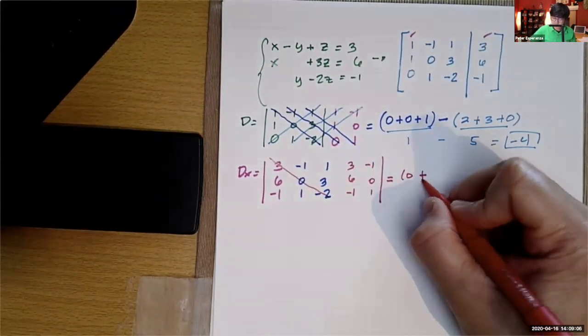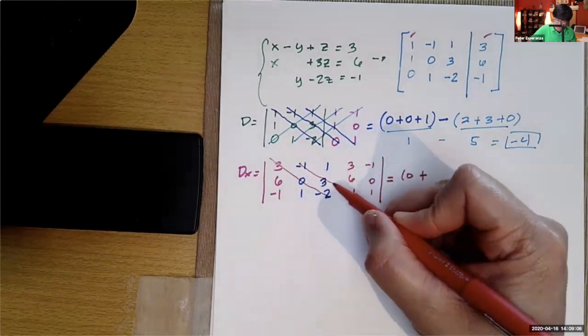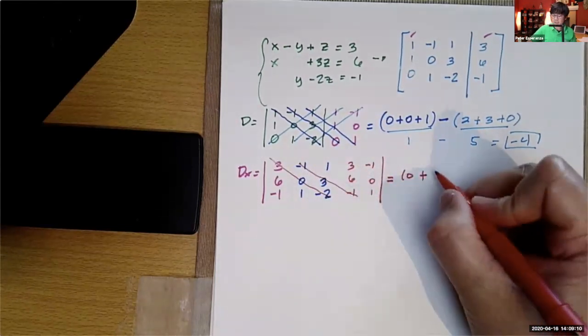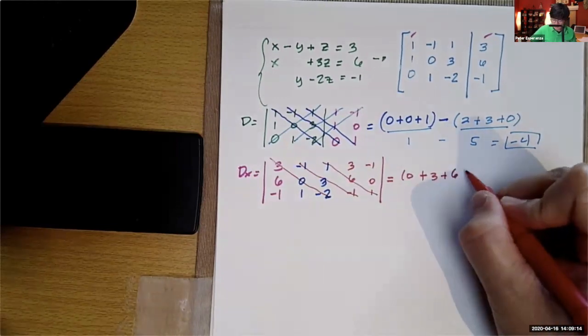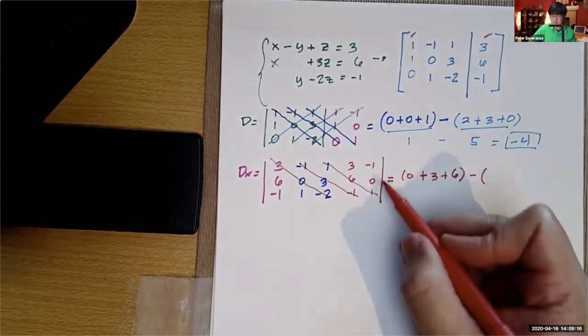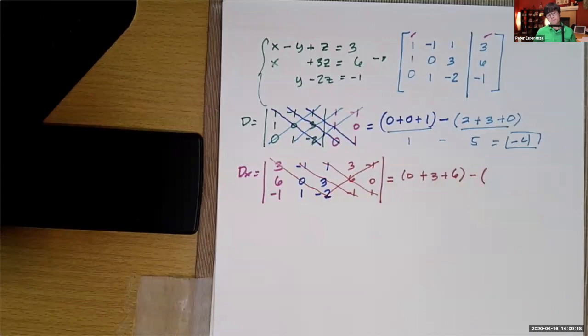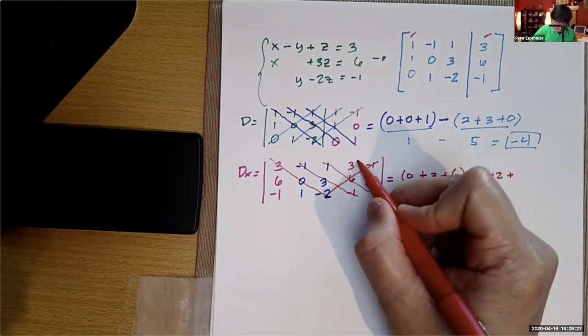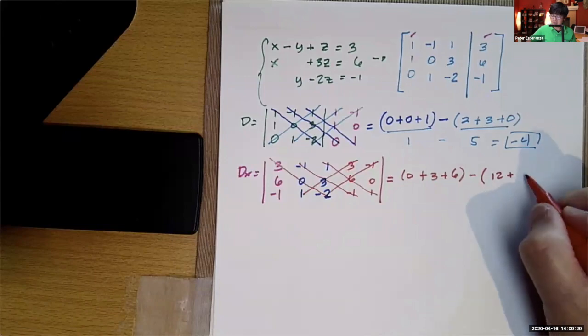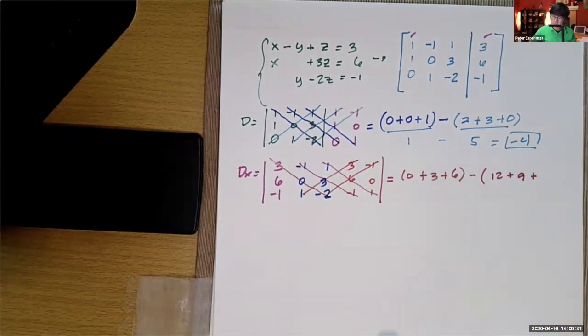0 plus positive 3 plus 6 minus positive 12 plus 9 plus 0.